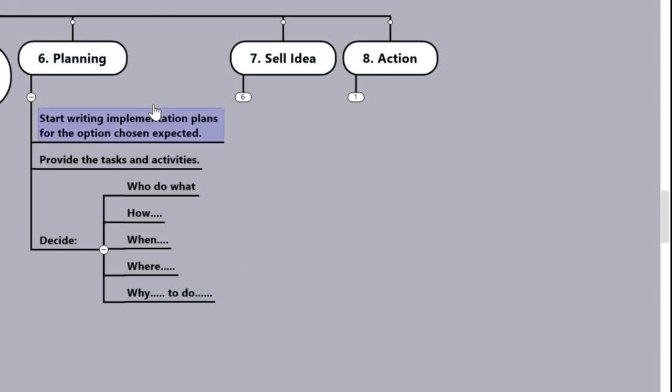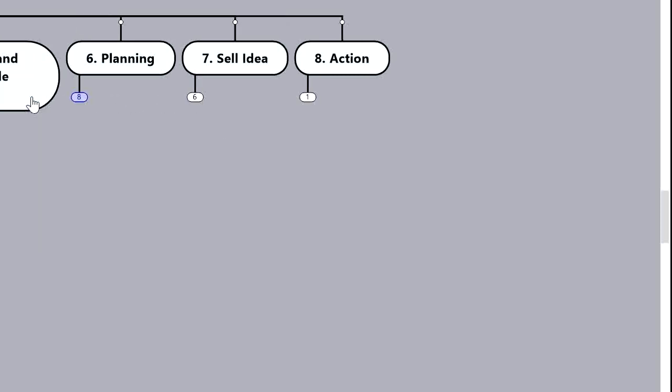You gather all these into the action plans, and this phase is to make the action plans for what is to be done and how it's going to be done, who, when, the time frame, where and why. So you have to configure everything in this phase of planning.